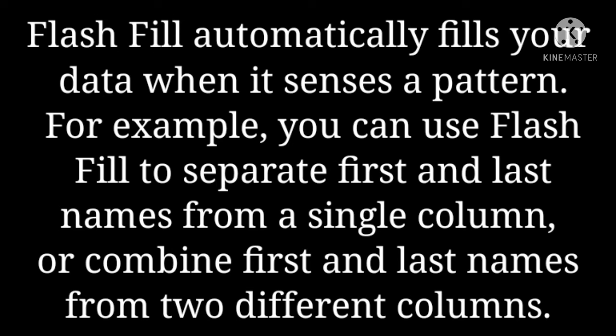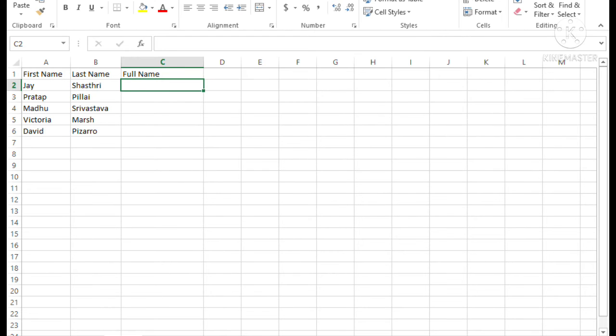The next is the flash fill feature. Flash fill is a time saving feature of Excel 2013. It identifies the data fill pattern that you use frequently in a worksheet and then fills the remaining series accordingly. Now let's take an example. Here, column A contains first names and column B contains last names.